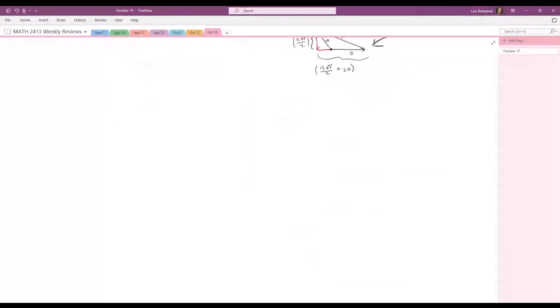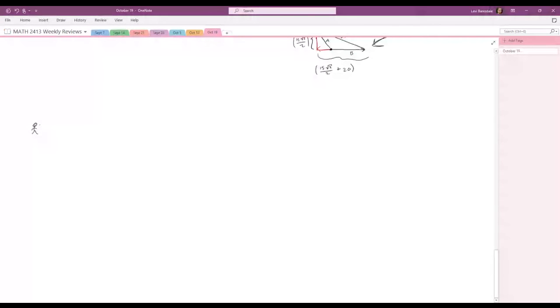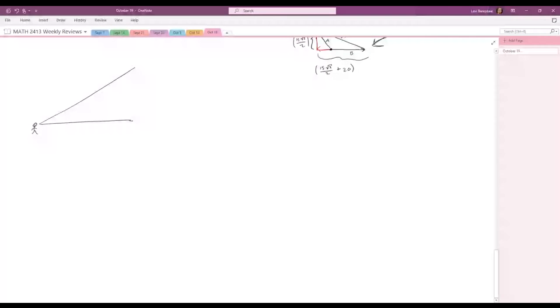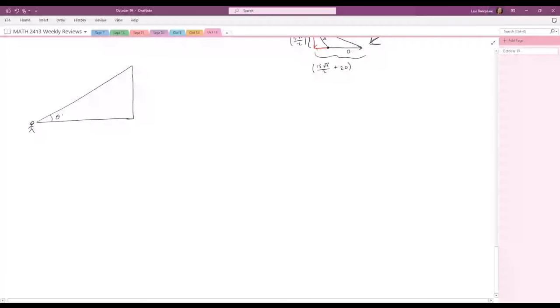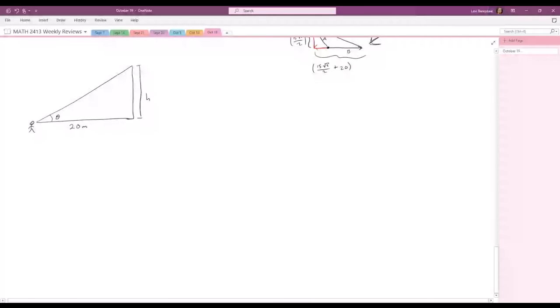So let's say that a person is standing on the ground and they are watching a balloon that a child accidentally let go of. So this balloon is floating away. It's currently at a height of h, and the man is standing 20 meters away from where the balloon is.